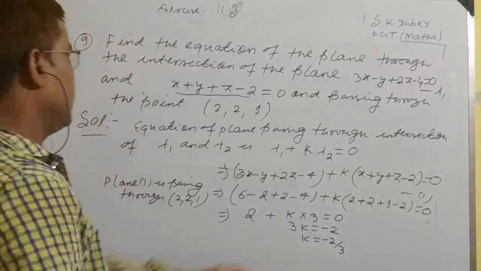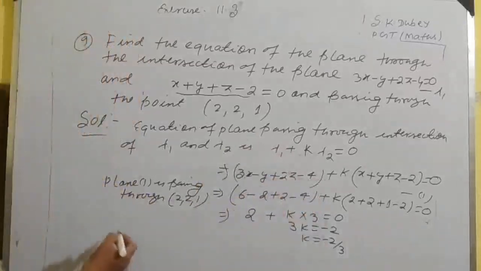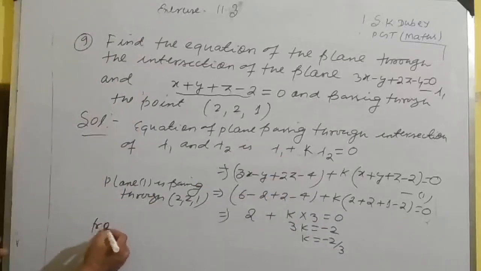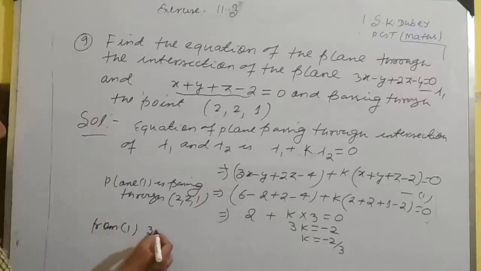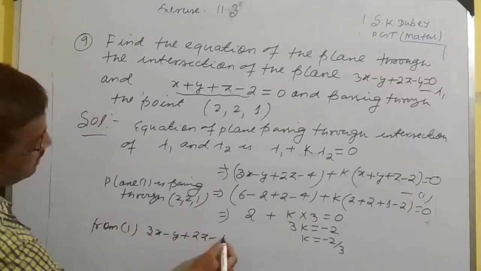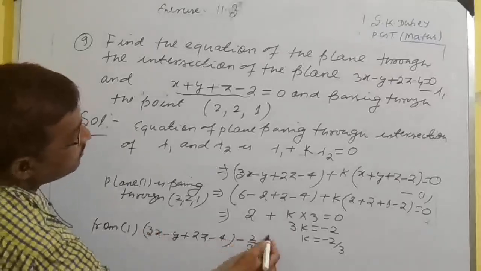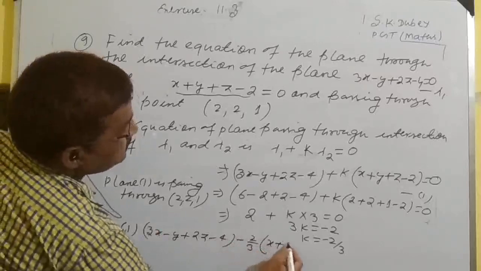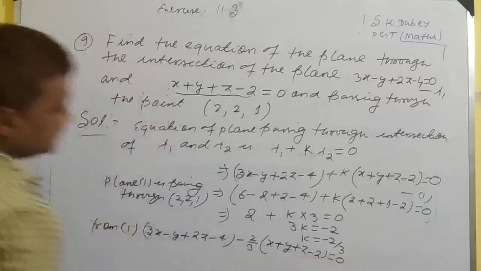Now putting the value of k in equation 1, we can get 3x minus y plus 2z minus 4 minus 2 by 3 (x plus y plus z minus 2) is equal to 0.